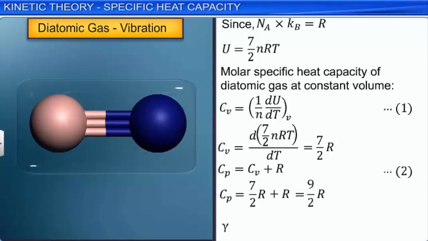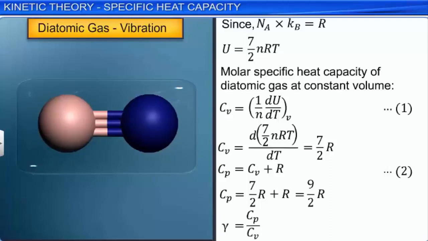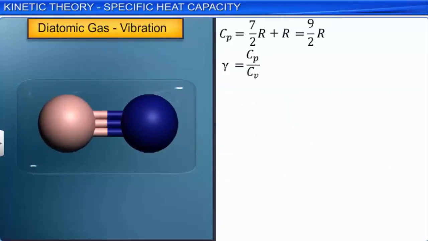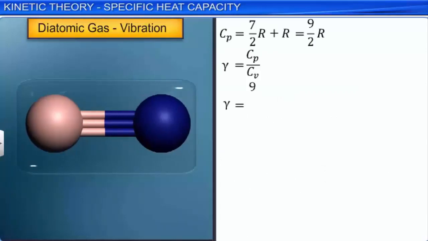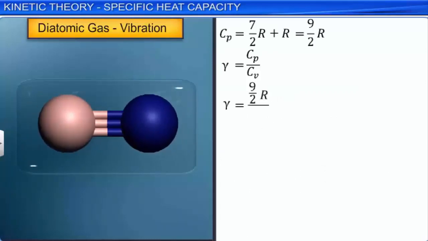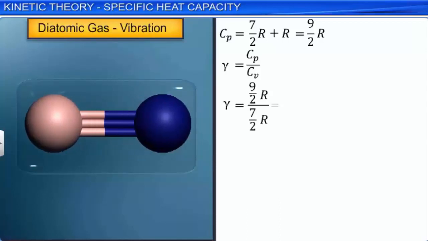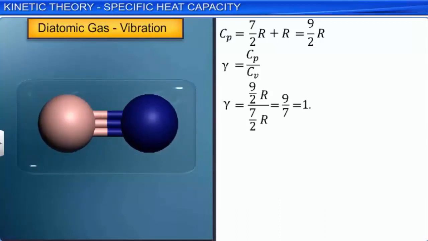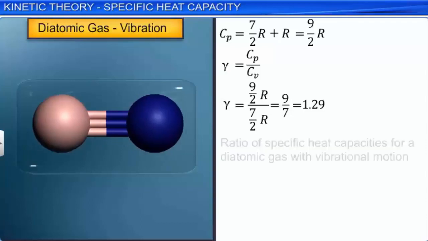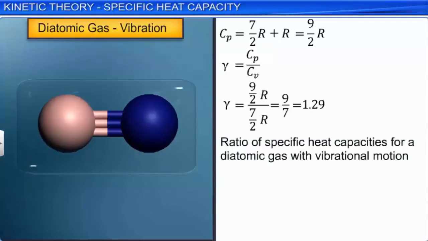Substituting the values, we get gamma is equal to 9 by 2 R by 7 by 2 R, which is equal to 9 by 7 or 1.29. Hence, the ratio of specific heat capacities of a diatomic gas when the molecule is vibrating is 1.29.